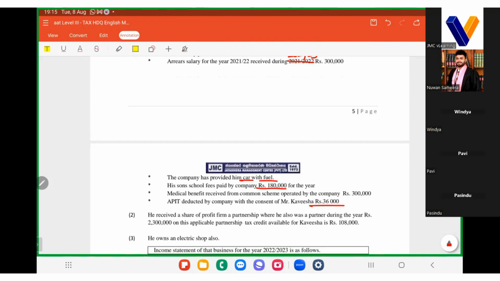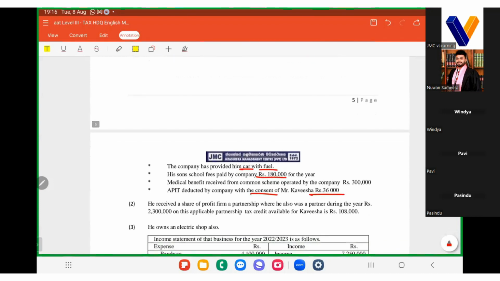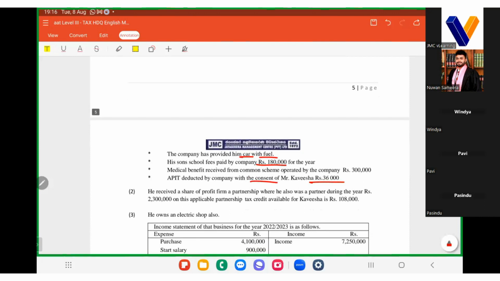Actually, no consent is needed, whether consent is received or not. The employer is responsible for deducting the relevant APIT after 1st January 2023. So these are the information provided under the employment income.